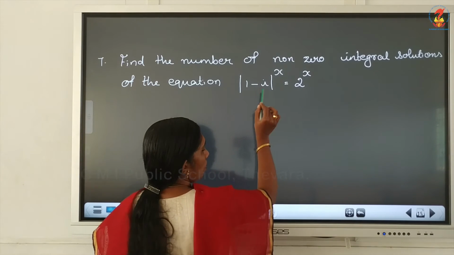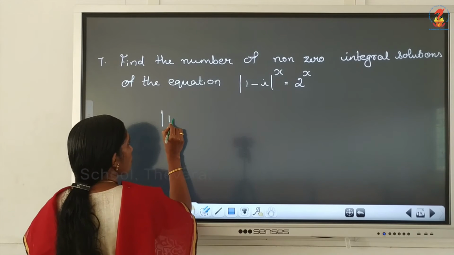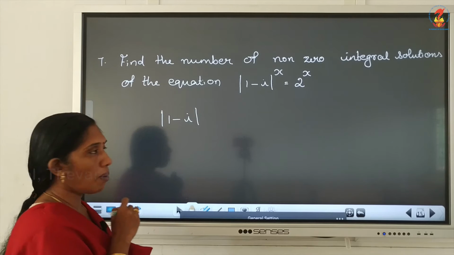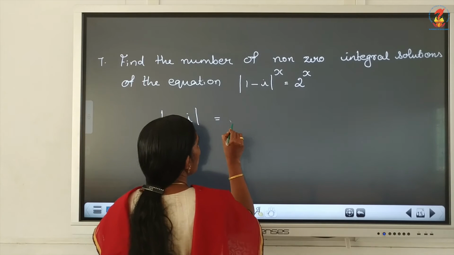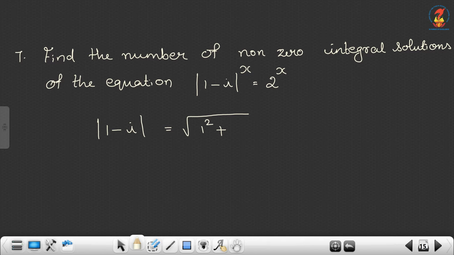Here we have a complex number, 1 − i. What is the modulus of 1 − i? The modulus of a complex number is the root of real part square plus imaginary part square. The real part is 1, and the imaginary part is −1, so (−1)² gives 1 + 1, which equals root 2.